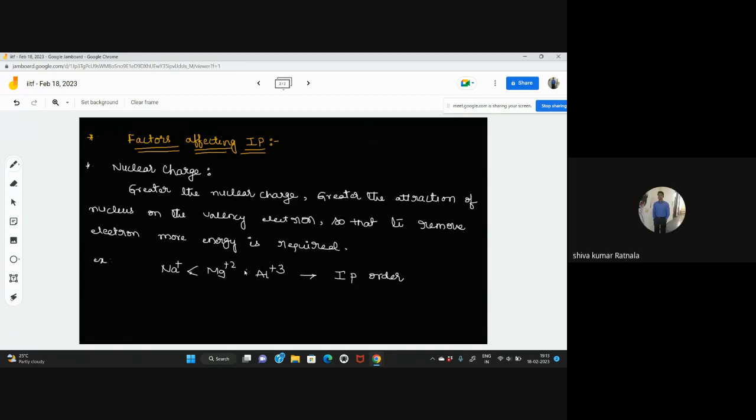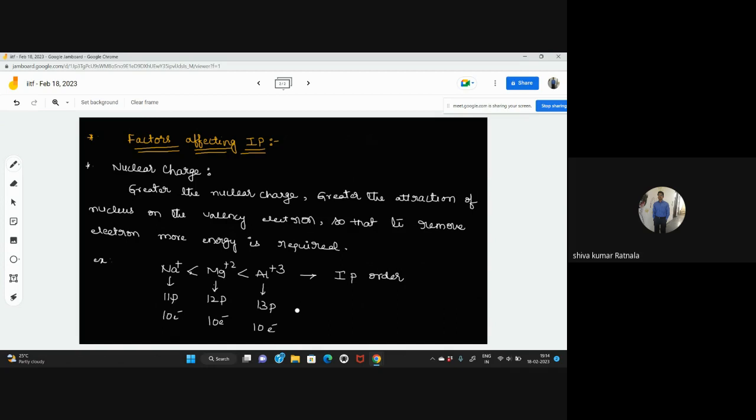Very good. Why? Because Na plus has how many protons? 11 protons, 10 electrons, right? And magnesium is 12 protons, 10 electrons. And here aluminum is 13 protons, 10 electrons. So in the 13 proton case, the nuclear charge will be more, so easily it cannot lose an electron.